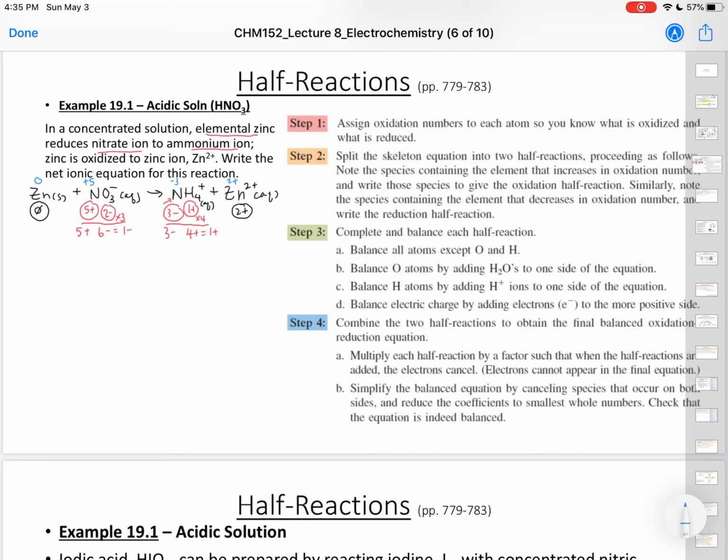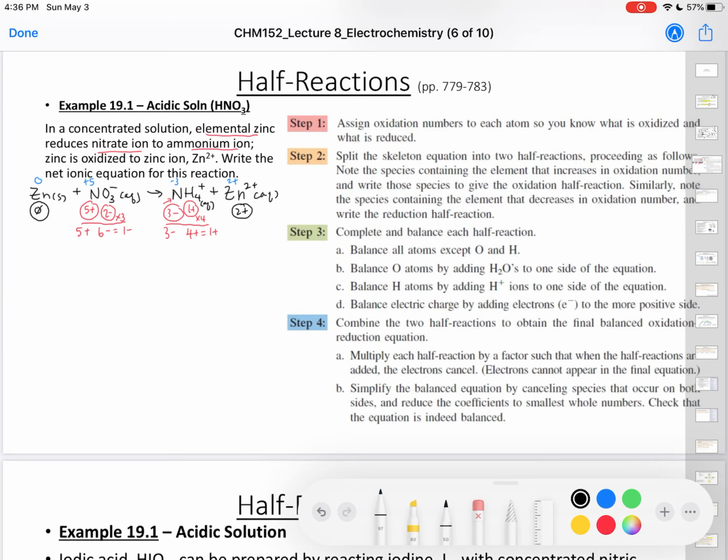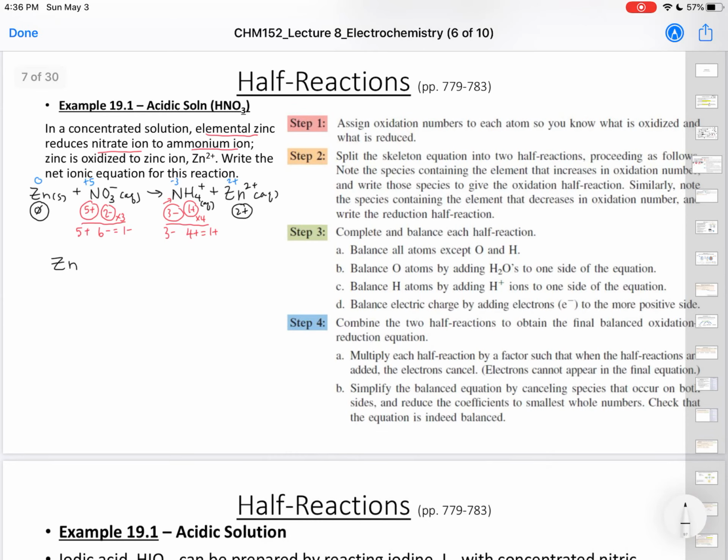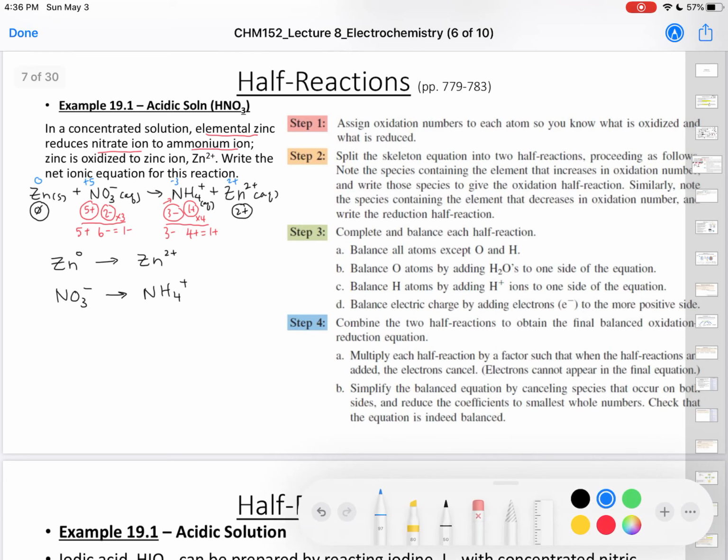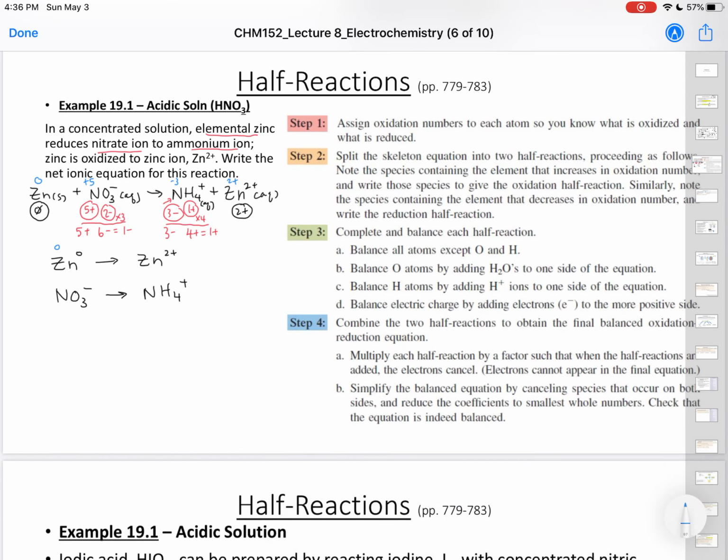Okay? So this really helps because what you're going to do is write just the basics. Zn is changing. It is becoming Zn2 plus. And NO3 minus is becoming NH4 plus. Okay? And let's look at our electrons. We've got our 0, 2 plus.